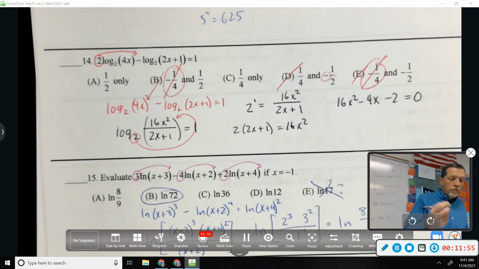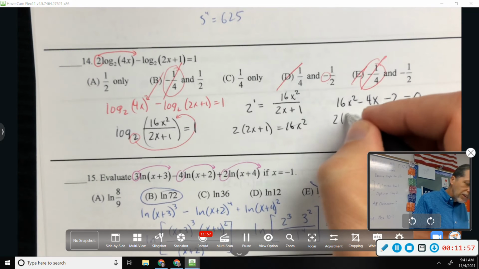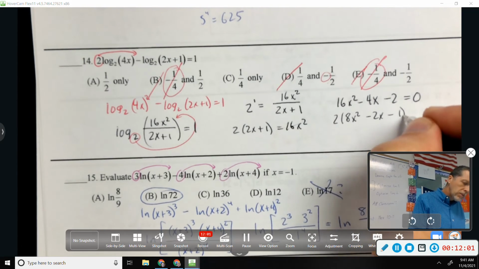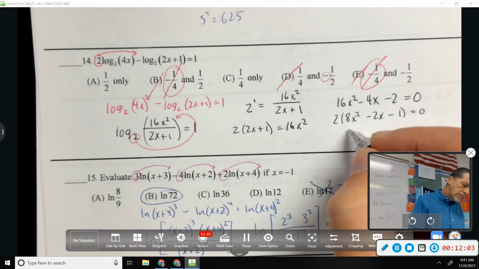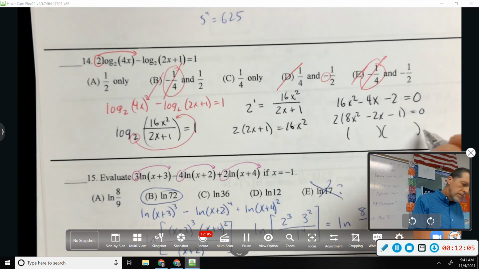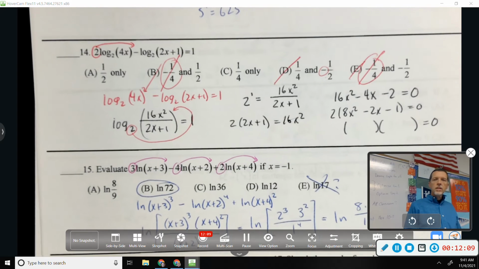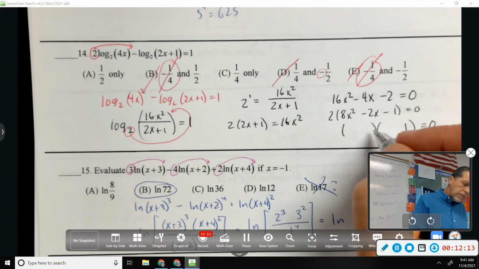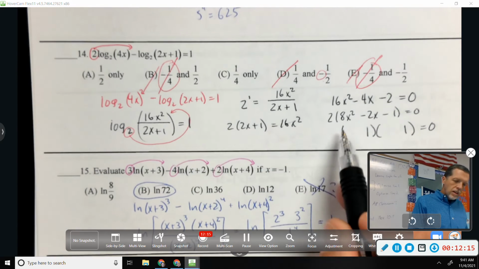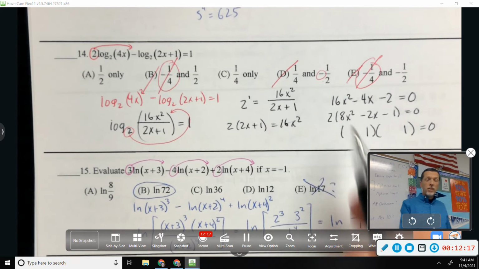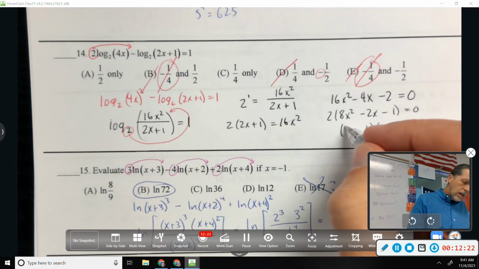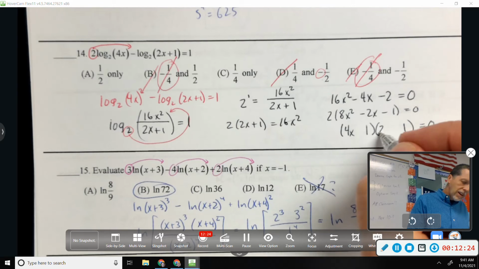And then I would factor out a 2, make life a little bit easier anyway. 8x squared minus 2x minus 1. Let's see, it's got to be 1 and 1. Factors of 8 are either 1 and 8 or 2 and 4. 1 and 8 is not going to work. 2 and 4 will work if I get the signs right.